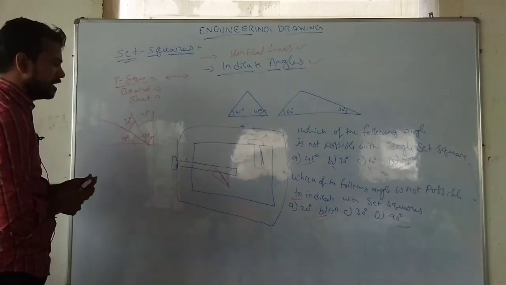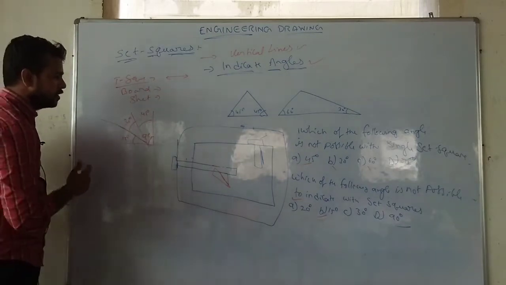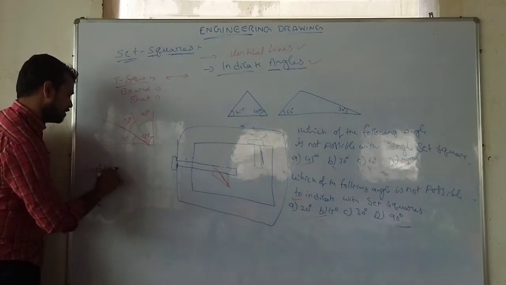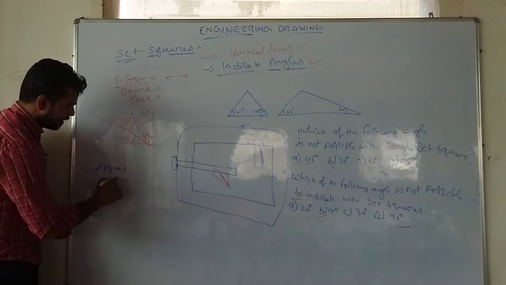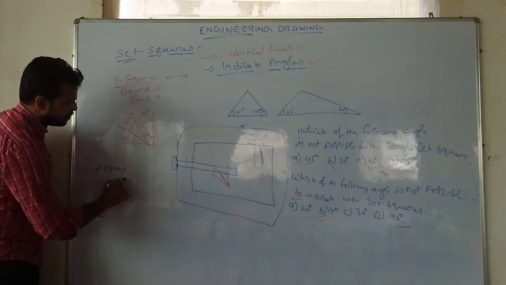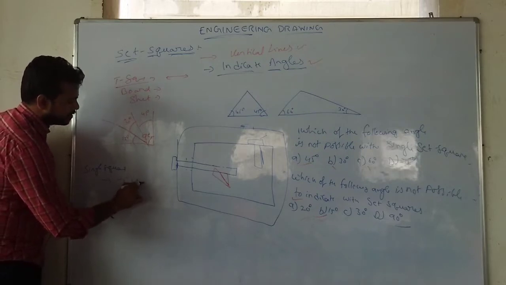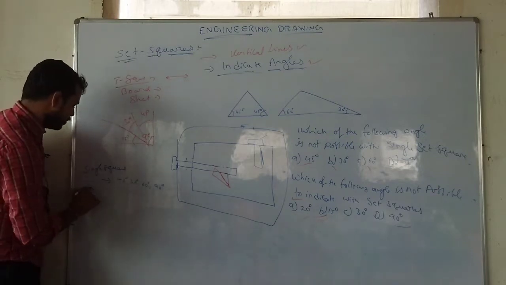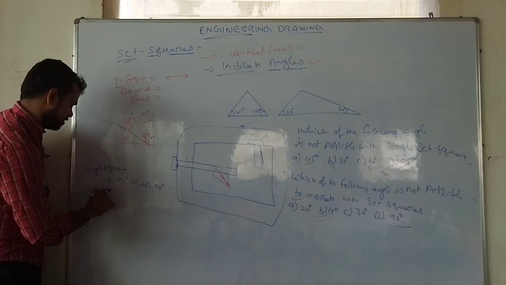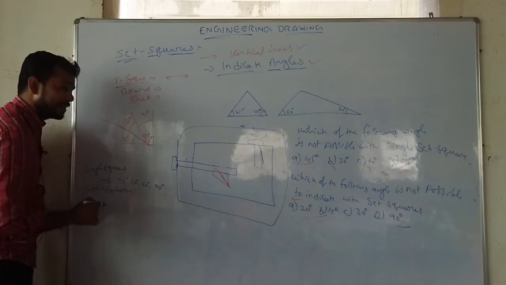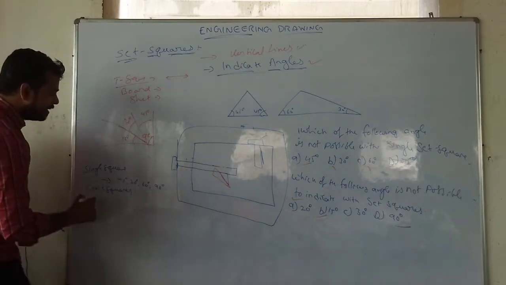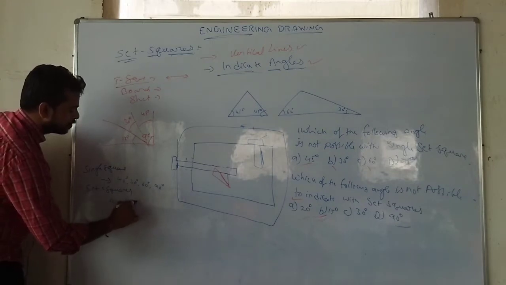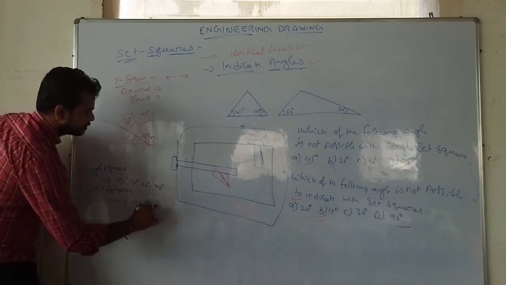So here we can say with the help of single set square, we can indicate the angles of 45 degrees, 30 degrees, 60 degrees, 90 degrees, like this. With the help of set squares, you can indicate any angle in terms of the multiples of 15 degrees.